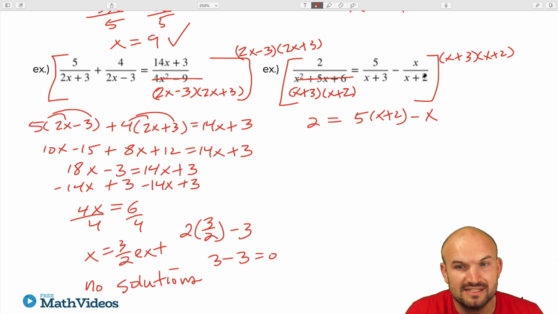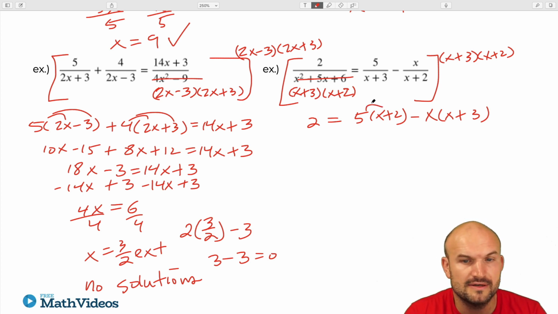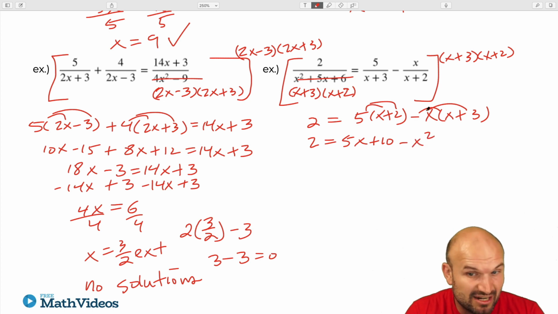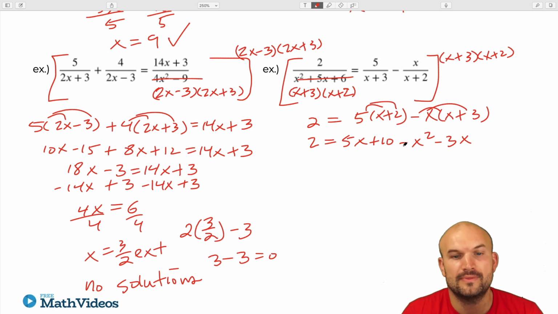So that's going to be a negative x, and the x plus 2's divide out, so we'll be left with an x plus 3. Just be very careful now because we're going to distribute with this negative x. So we distribute here, 2 equals a 5x plus 10. And here we're going to have a negative x times x, which is a negative x squared, and a negative x times 3, which is a negative 3x.